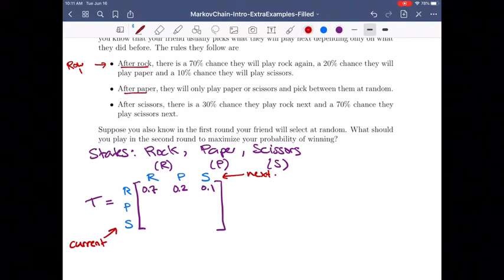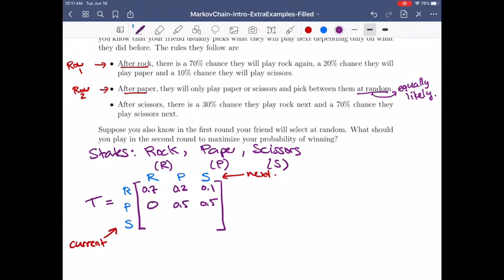After paper, that's going to be what goes in row 2. They play paper or scissors and pick at random. So that means they're equally likely. At random implies equally likely. So there's a 50-50 chance they pick paper or scissors. So that's going to be 0.5 and 0.5, which means rock has to be 0.